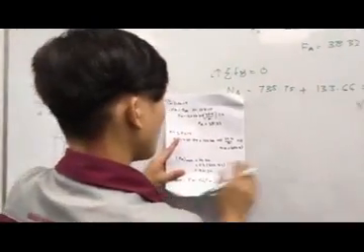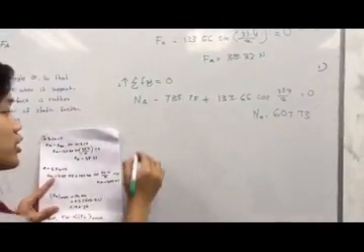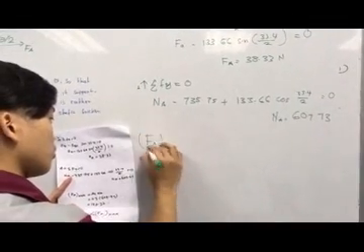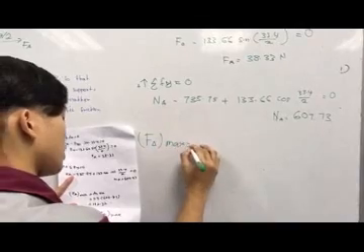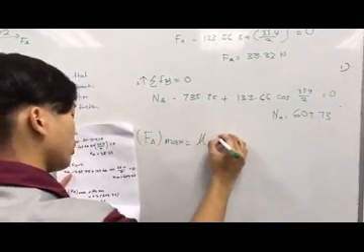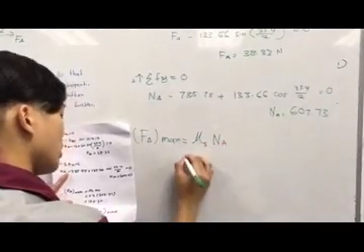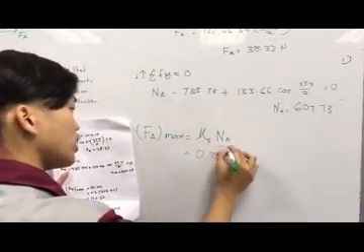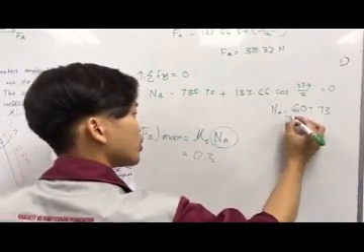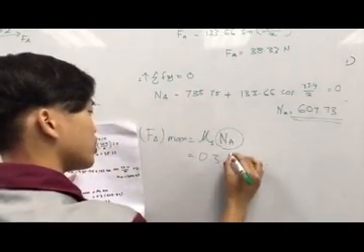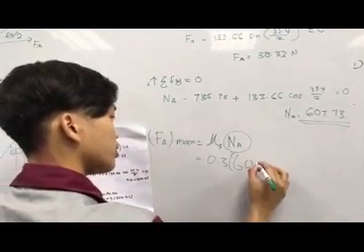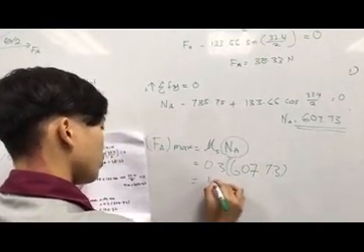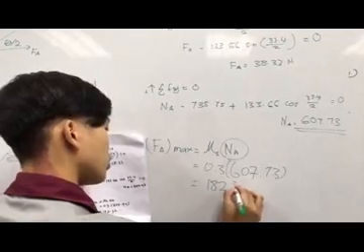In order to prove that this ladder supports the man from slipping, we need to find FA max. FA max is equal to mu times NA. We already know mu is 0.3, and NA is 607.73, so FA max is equal to 182.32.